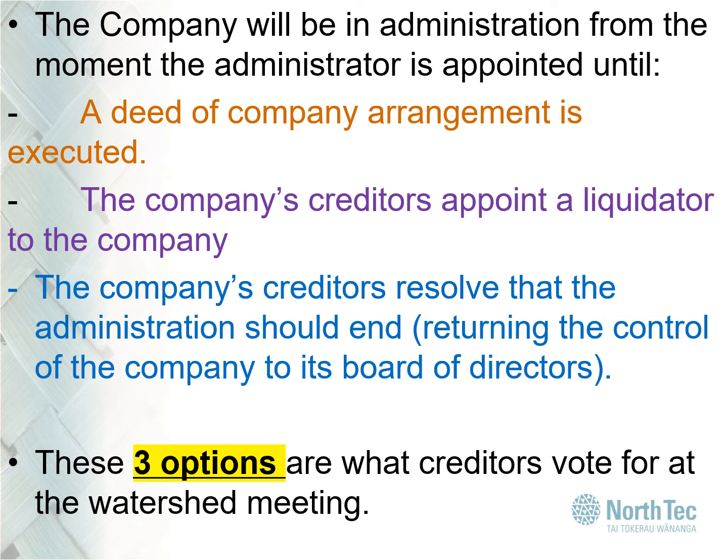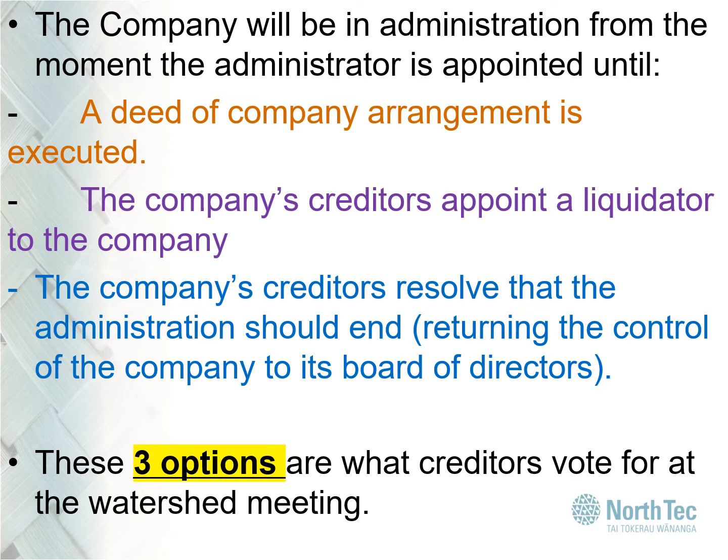It's not good news, but that's why I've put it for you in a different color, because it's a different option. It's not like the first option where a deed of company arrangement is executed. And then, people, the third and the last option: the company's creditors resolve that the administration should end, and they say, no, the control of the company should be returned to the board of directors.